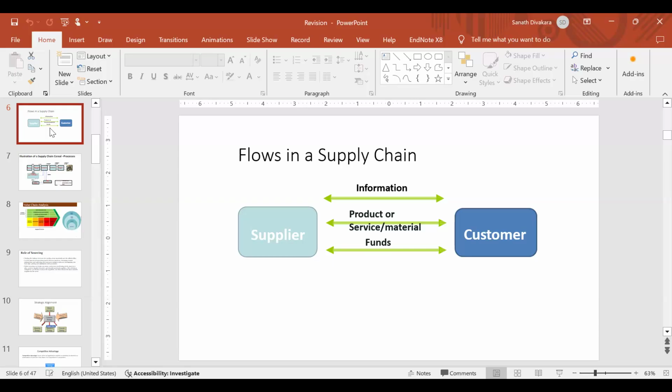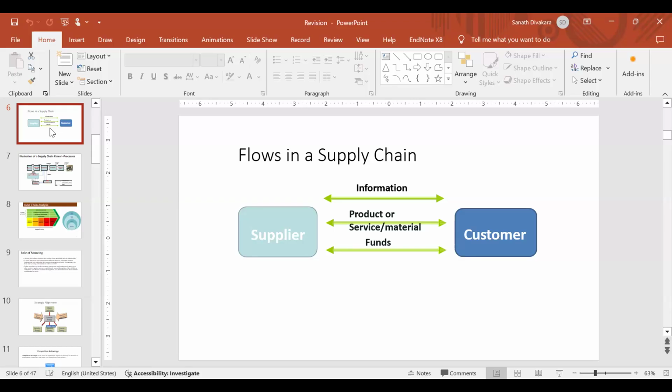Here funds are flowing both ways. The other way is when returning goods to the supplier, that is the material. If you return funds, then it's funds. Sir, this is not funds actually, it should be finance, right?